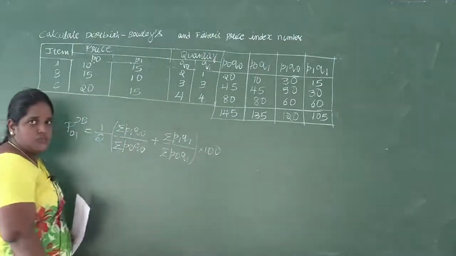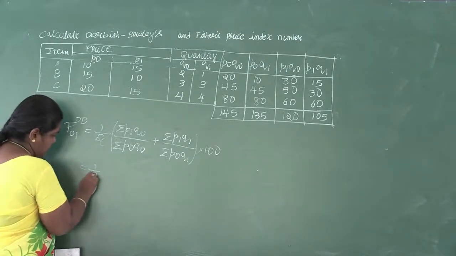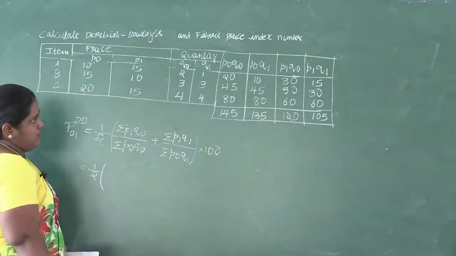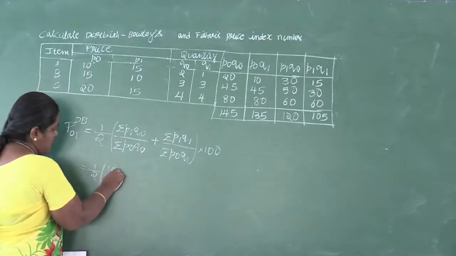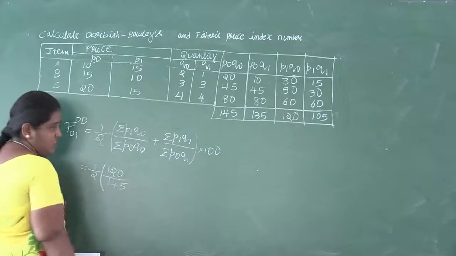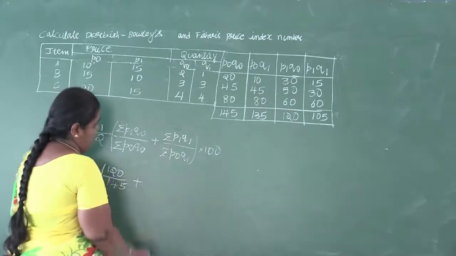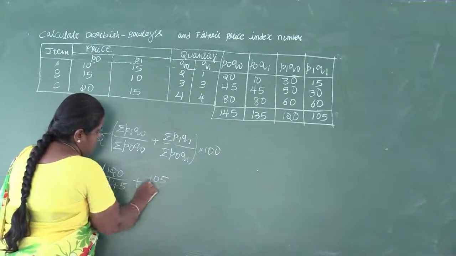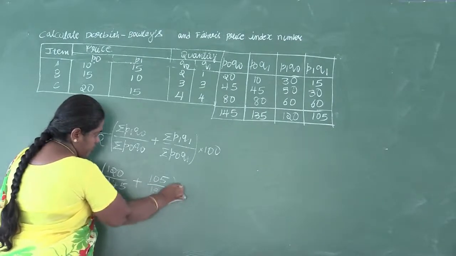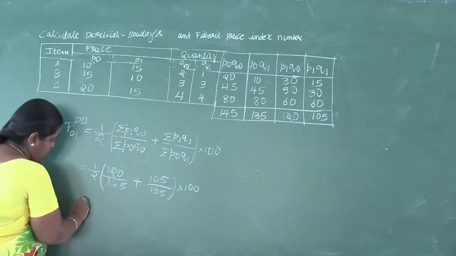We are using this formula since we have not calculated Laspeyres and Paasche's index number. So substitute now in this. 1/2 will write as it is. So P1 Q0 is 120 and P0 Q0 is 145. So 120 divided by 145 plus sigma P1 Q1, it is 105, divided by P0 Q1, it is 135 into 100.